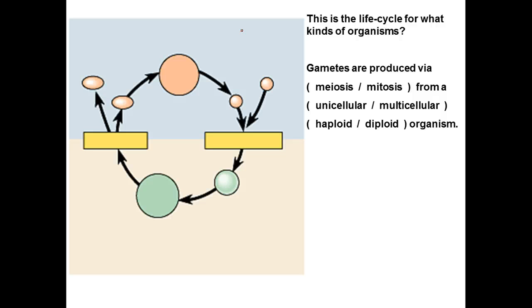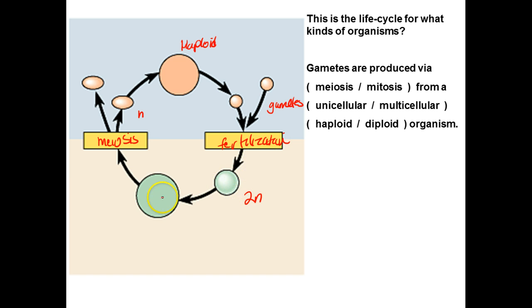Now another type of life cycle alternates between diploid and haploid, and this you'll see in plants. So here again, by meiosis, it produces these haploid cells, and so it'll alternate between its haploid life, and when these gametes fertilize, it produces a diploid.